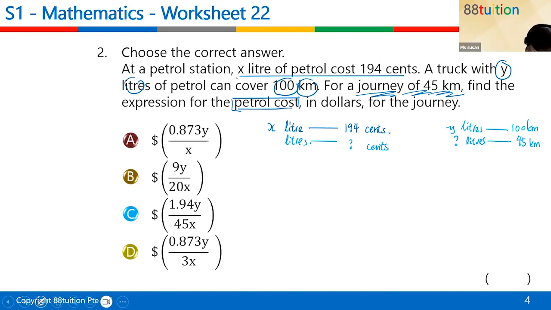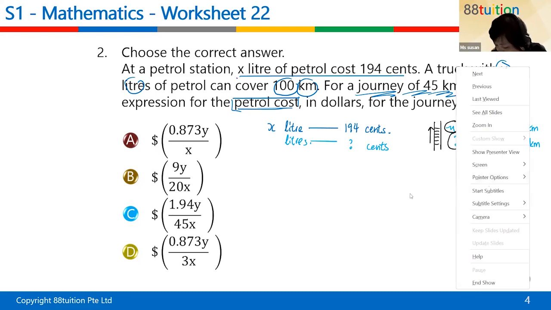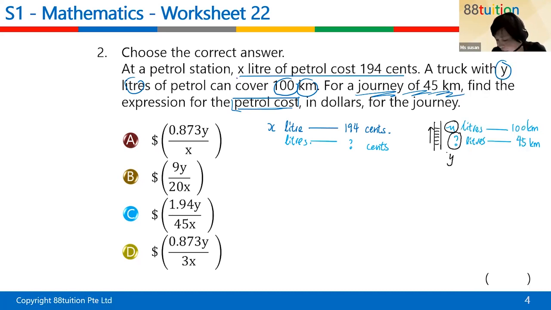Do this, I would want to draw an escalator climbing upward. Sorry, I start with here because the question mark. First, look out for question mark. You are looking for liters. Then you must climb up the escalator to look at this value. What is this value? Y. So I have to put this as Y. Cross the bridge, and this is called divide.